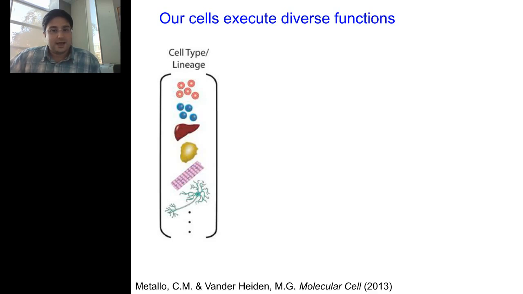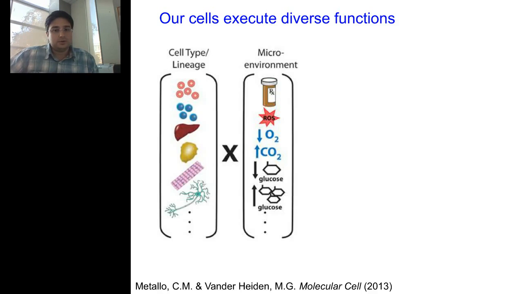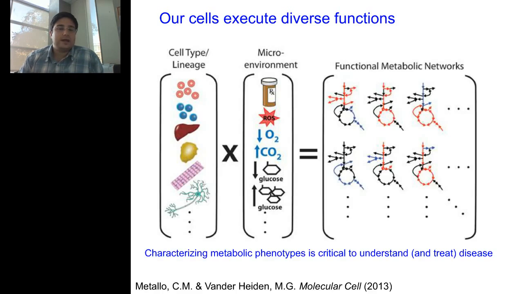Throughout our lives, they're exposed to a number of different stresses, drugs, microenvironments, and nutrient conditions, which ultimately combine to generate a wide array of metabolic phenotypes. All of these can be represented by changes in functional metabolic networks. So a critical challenge facing us is to characterize how metabolism is perturbed in these different situations.